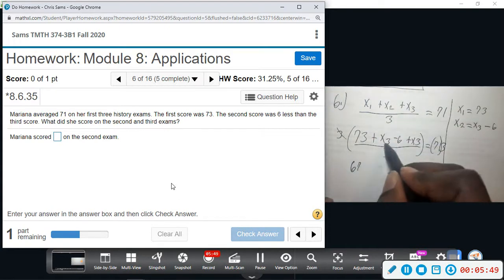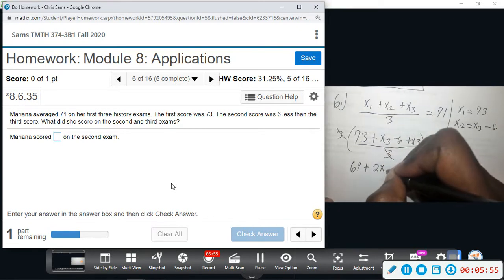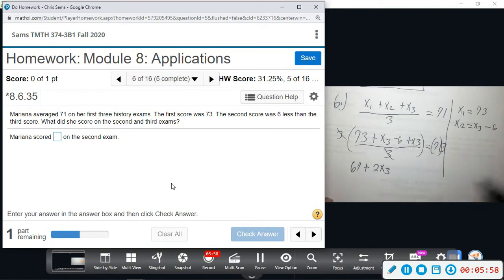We have this x3 and that x3, so we say plus 2 times x3, because we got that grade twice now. And 3 times 71 is 213.